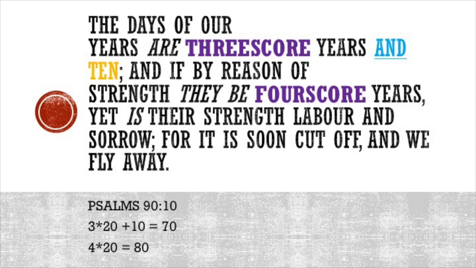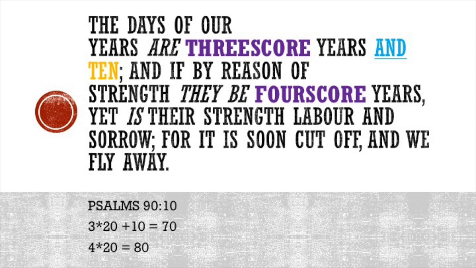The first one we're going to examine is the very first biblical mathematical equation, which is 3 score years and 10. We already know 3 score is going to be 20 times 3, which gives you 60. And then "and" means plus 10, which gives you 70.